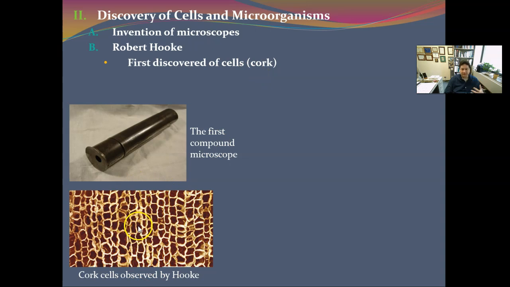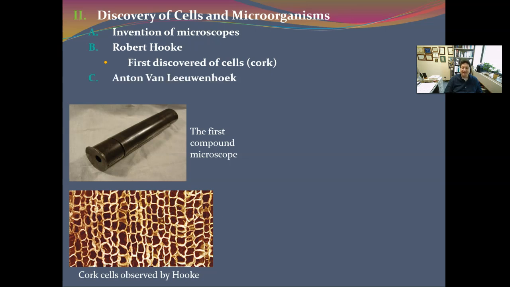Now, what Hooke is observing here are not living cells. This is just from a cork. They're dead cells, but what's left is the cell wall. So what you're seeing here is the outer layer of the cell called the cell wall, and he named these cells. They reminded him of monks' quarters or prisoners' quarters, cells.